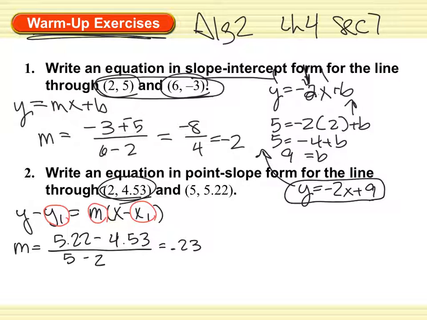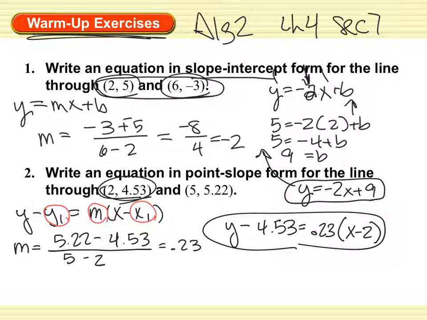Doesn't matter why. We're going to have y minus 4.53 equals m times (x minus 2). I could also say y minus 5.22 equals m times (x minus 5).